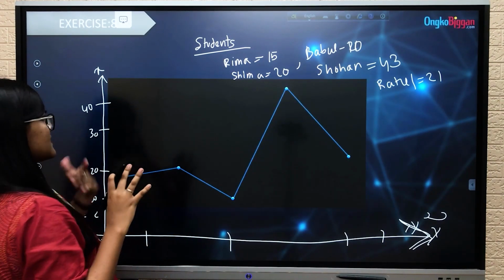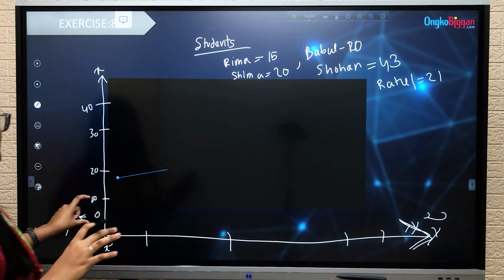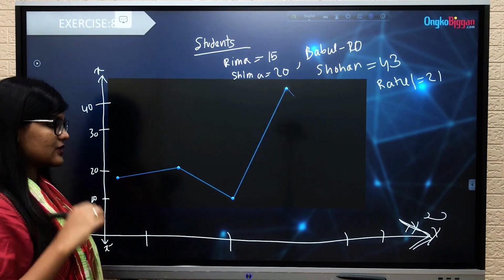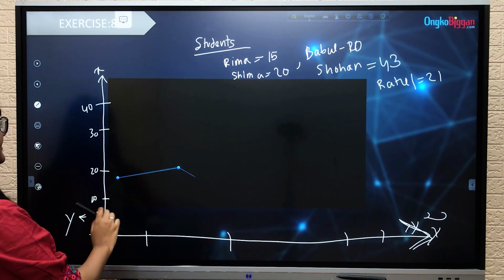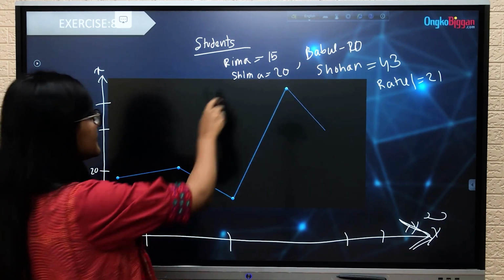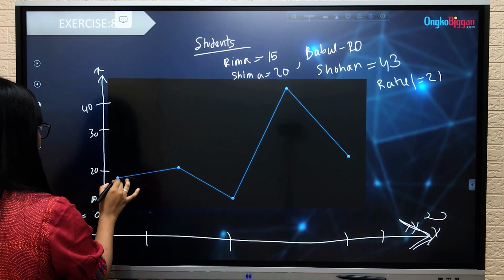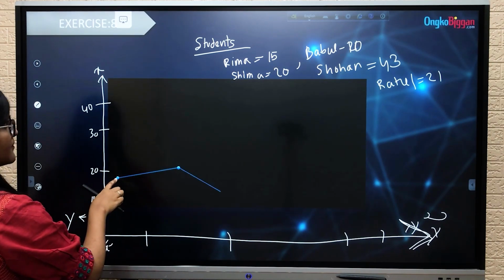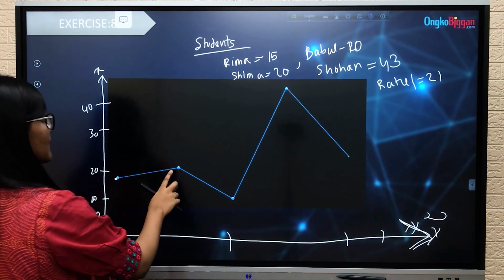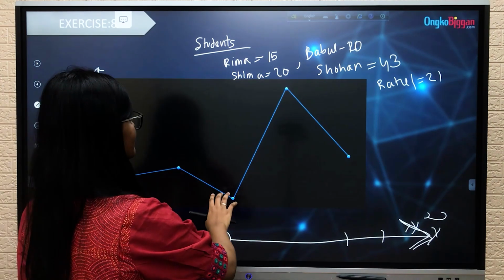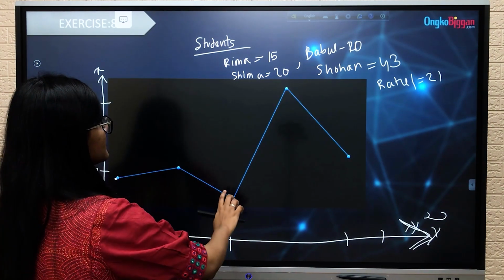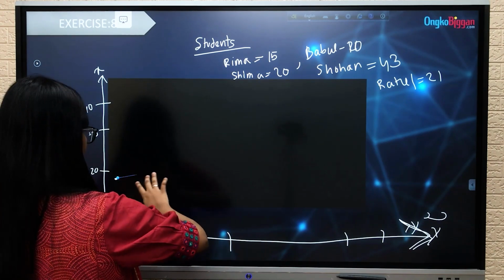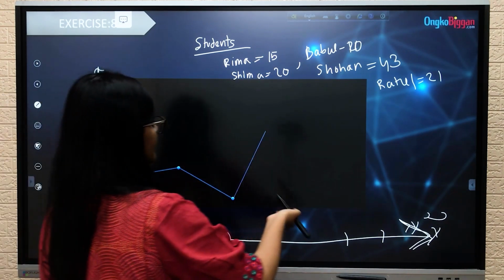Let's suppose I am showing you this example. I am considering this as 10, this as 10 as well. Firstly, I will put the values of the marks, like Rima. If I am assuming this as 15, I have put 15 here, then Shima 20, then Babul 20, then Shima 20 as well, Shohan 43.